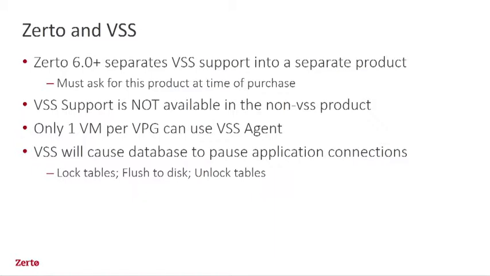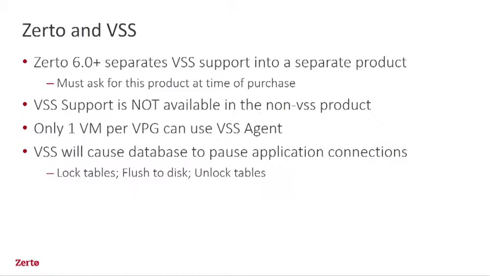So let's assume that you do have the VSS product, whether it's 5.5 or 6.0, or 6.5 when it comes out. Only one VM per VPG can have the VSS agent running in it. Probably not a huge deal because you probably only have one SQL server in a group. If you have multiple SQL servers, more than likely the best thing to do would be to use multiple VPGs.